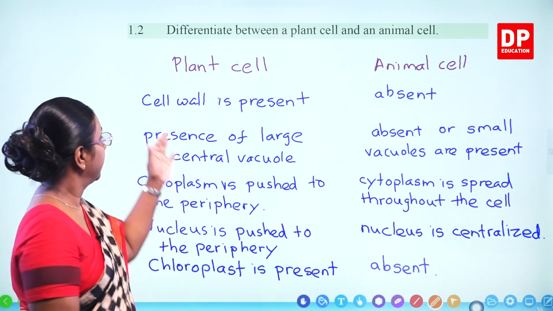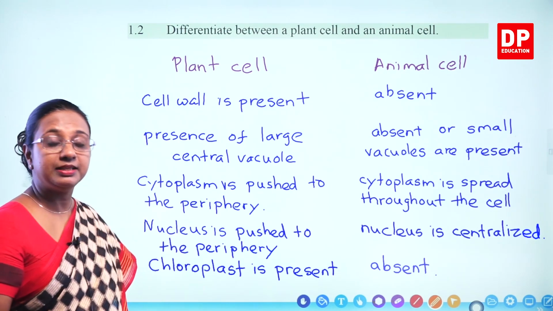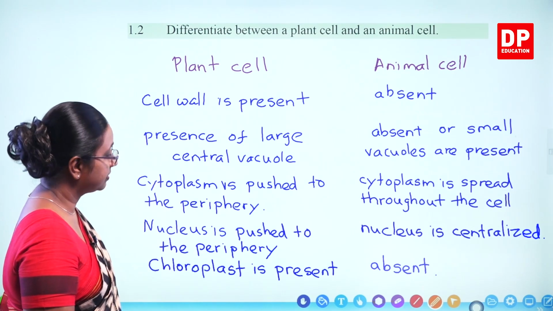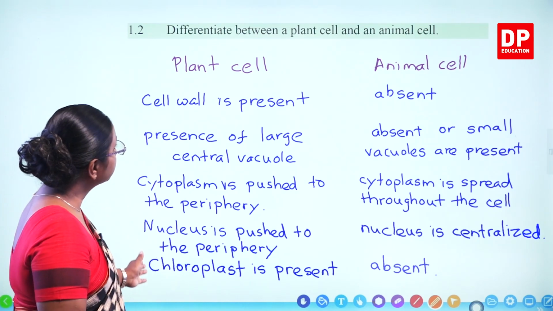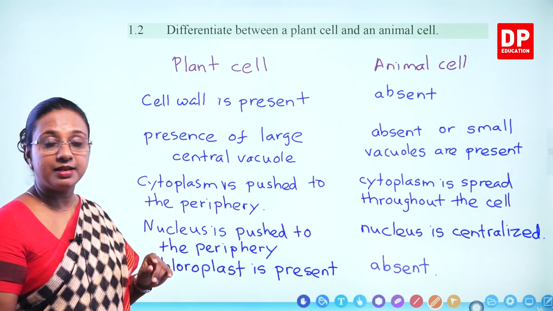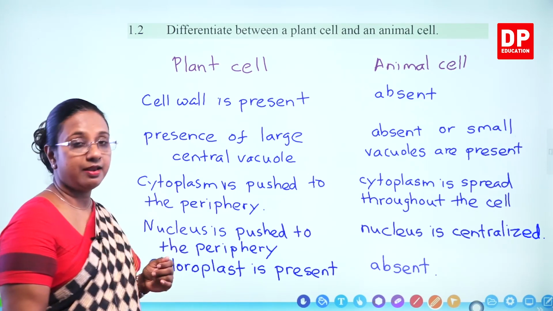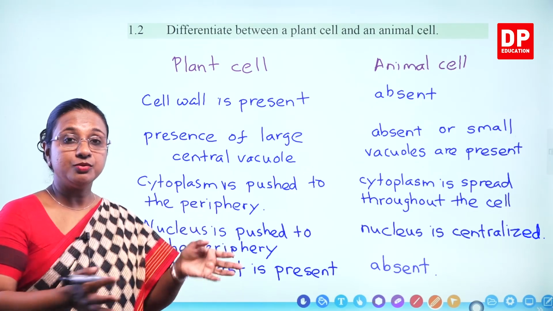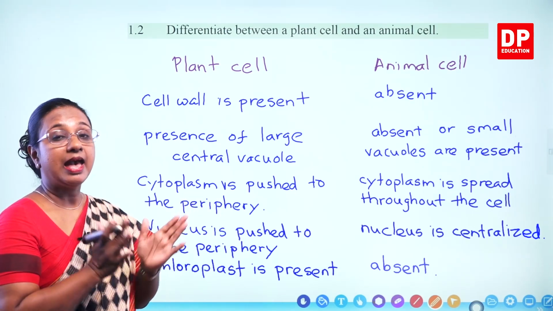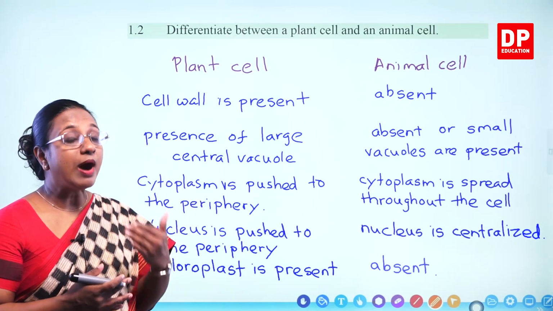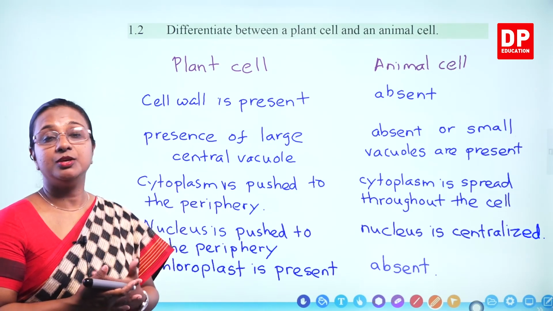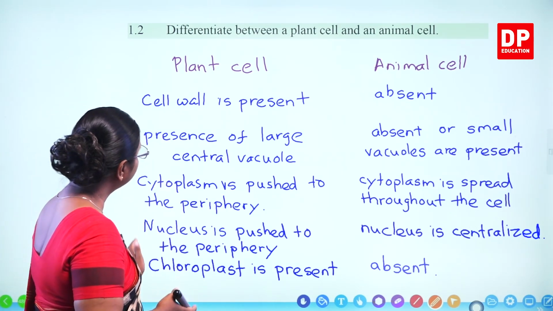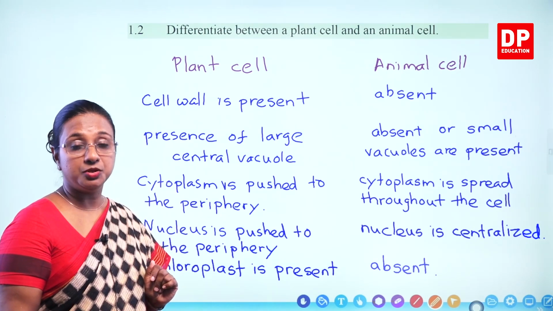So, students, now these are the basic differences between a plant cell and an animal cell. So, if they ask you to differentiate between the plant and animal cell, you have to write everything. Otherwise, when they give you the diagram and ask you to identify the cells, and if they ask you what character or property you used to identify the different cells, then you will have to write the property that you used.